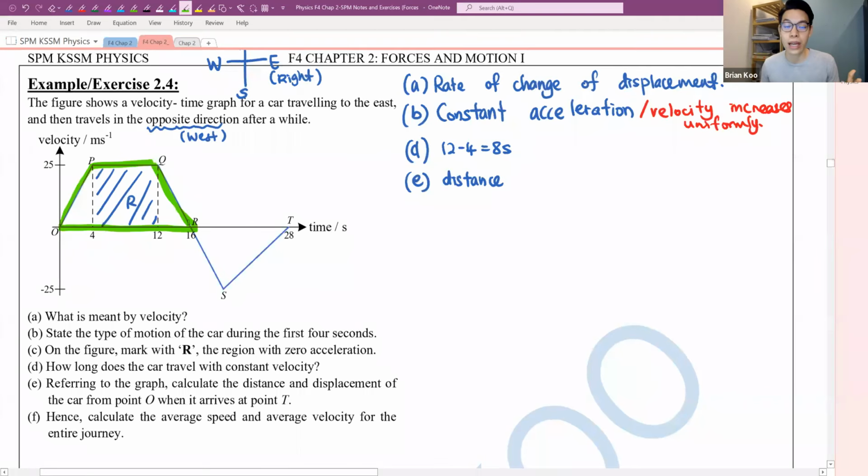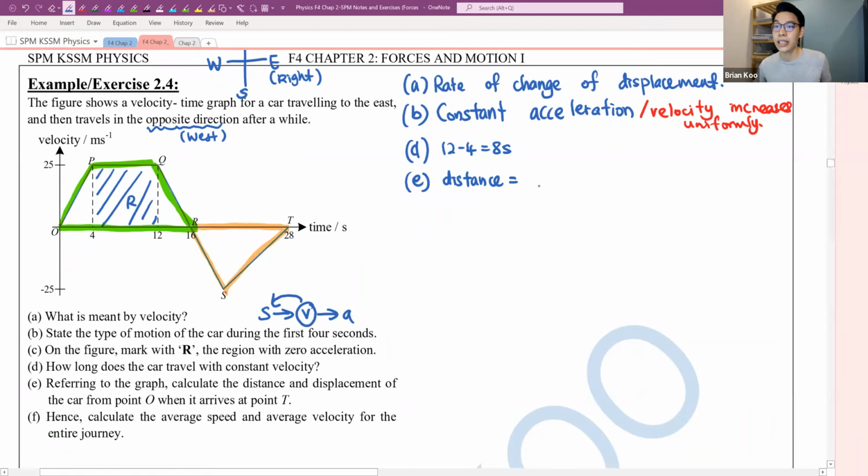How come I know for sure it's going to be area? What graph do you have? Remember, I tell you can always write this thing at the top for this kind of question. You have a velocity graph and people ask you to find out the distance. What do you do? Find area. So I'm going to find the area of that part. I'm also going to find out the area of this triangle. So it's a trapezium plus triangle situation.